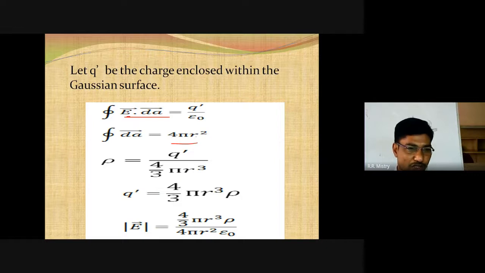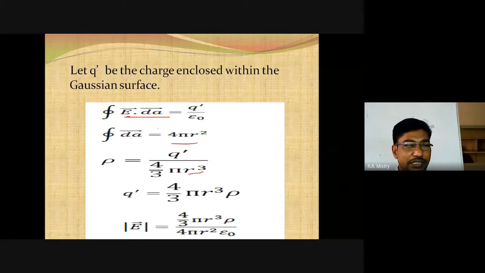Now rho is the volume charge density, so rho equals q dash upon 4 by 3 pi r cube, with small r because you have to find it inside the sphere. Therefore q dash will be 4 by 3 pi r cube multiplied by rho.